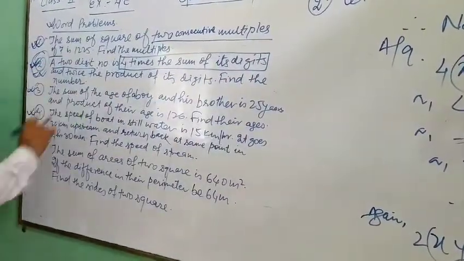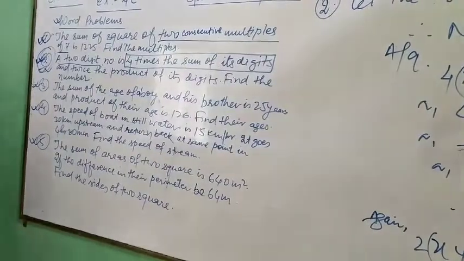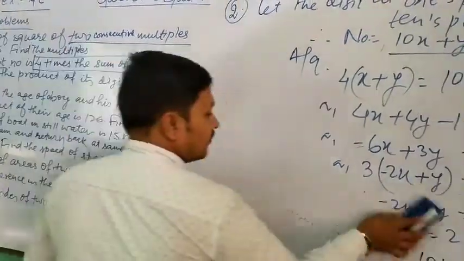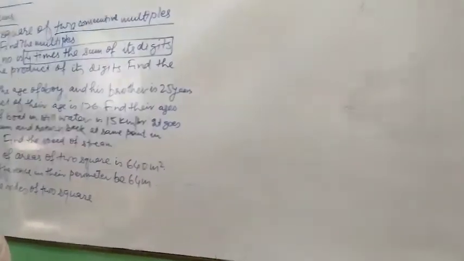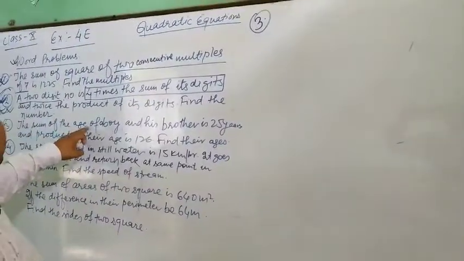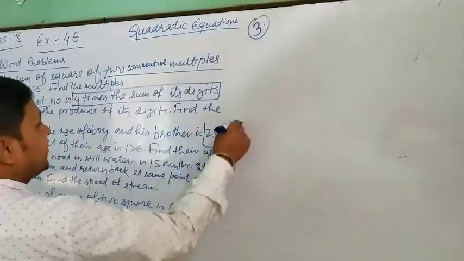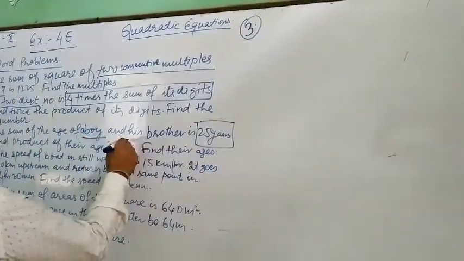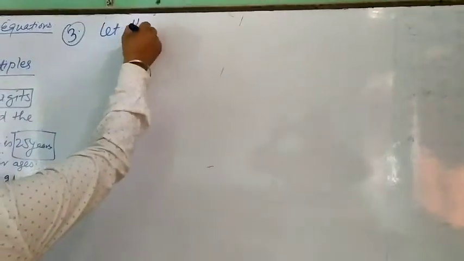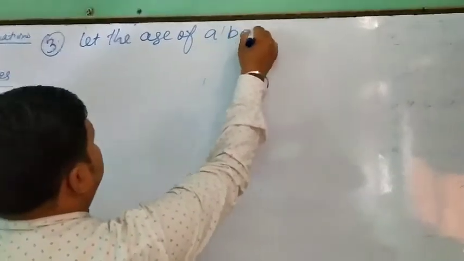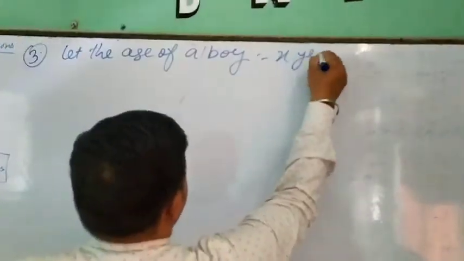So we are in question number 3. It is on the age basis questions. The sum of the age of a boy and his brother is 25. So let the age of a boy equal to x years.